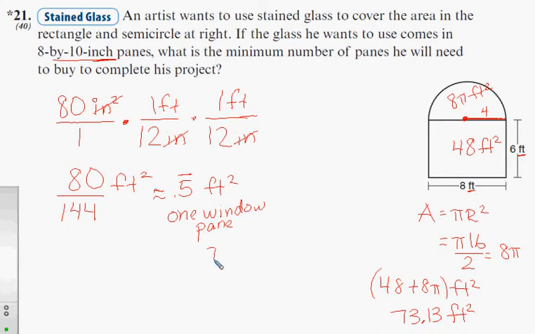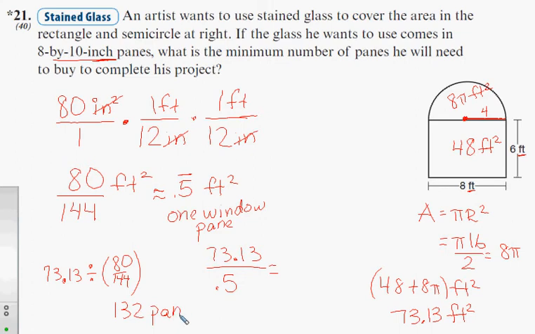Okay, I'm going to have to take 73.13 divided by 0.5 square feet. Okay, and so if you still have this all in your calculator, if you divide by 80 over 144, that will keep you from losing the rounding errors, and you should end up with, I'm thinking about 132 panes, when you do this division.